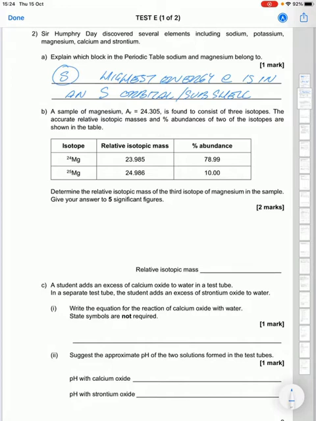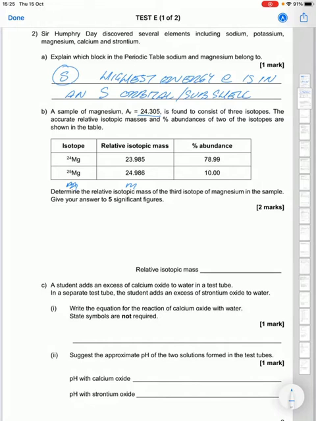So we've got an AR that can consist of 3 isotopes. We've got 2 of the isotopes and the percentage abundance. So we're not sure what the mass is here, the mass of the other isotope.